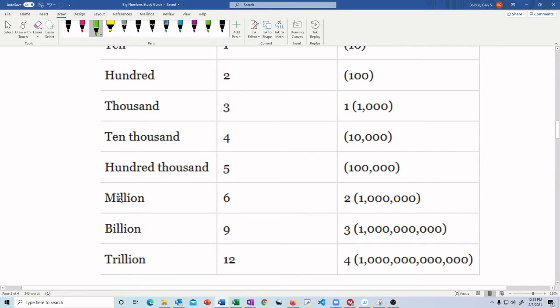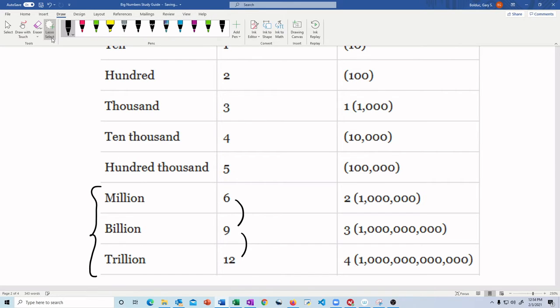So you see, million means you have 6 zeros. Billion is 9, trillion is 12. For these big ones, the ones that we're really going to want to focus on using are these three here. And you'll notice that each time you do a new one, it's 3 more zeros. You'll notice me sometimes in videos counting by threes.